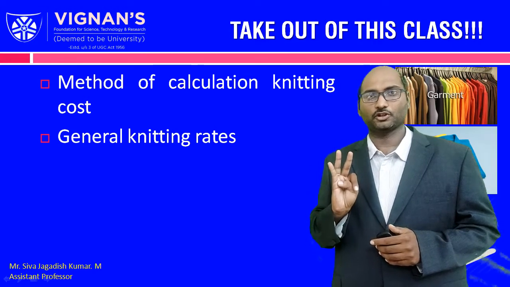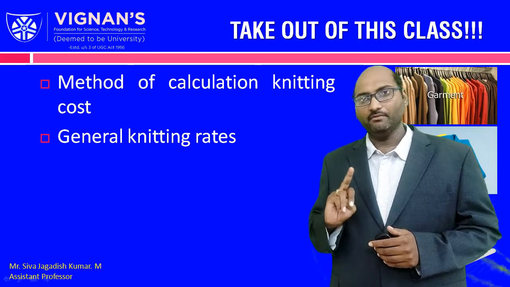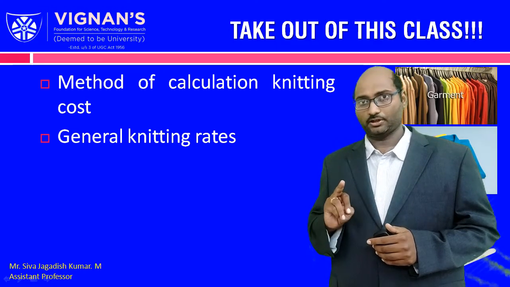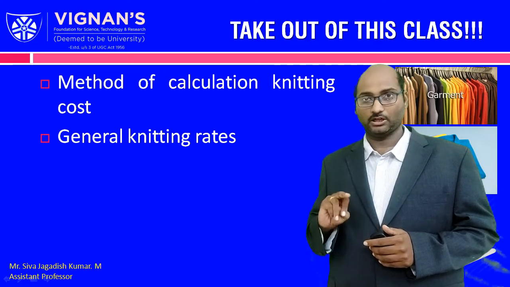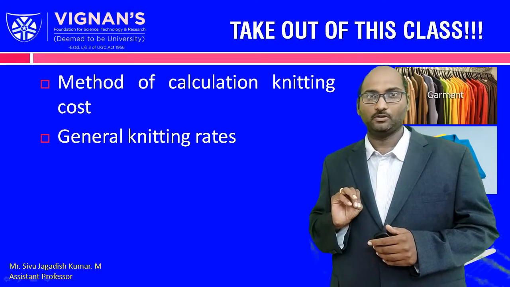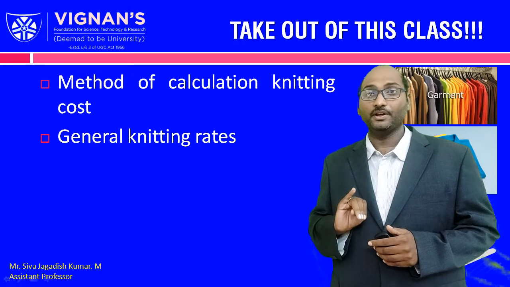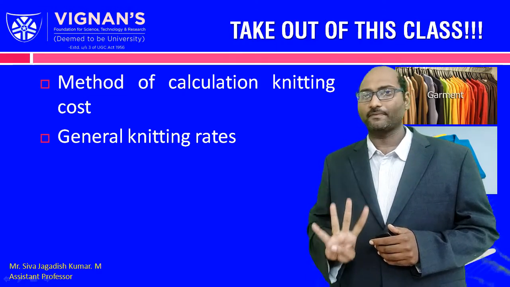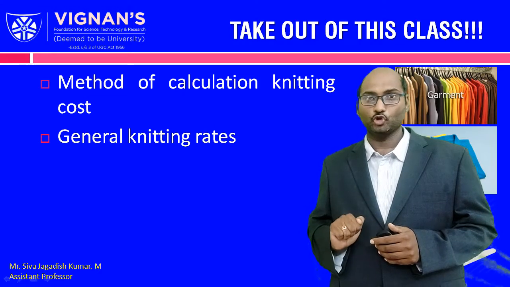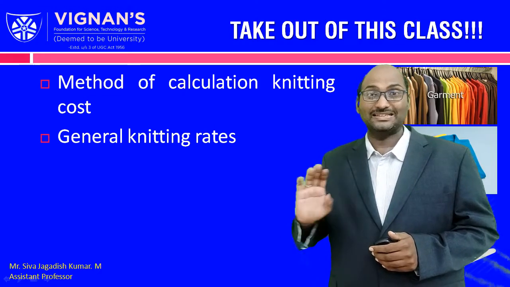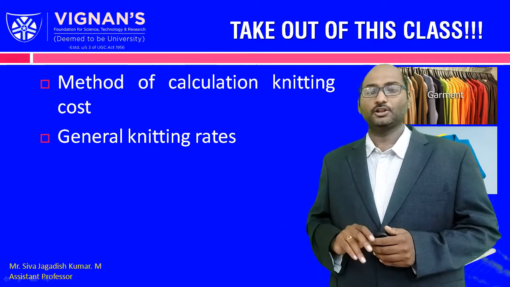The second one is whether it has an elastane mix or not. Third one is whether it is a single color or multiple colors. And the fourth one is whether it is a feeder striper or auto striper. So based on these four factors, the knitting rates are going to change abnormally. Okay, 16 rupees to 170 rupees, isn't it?